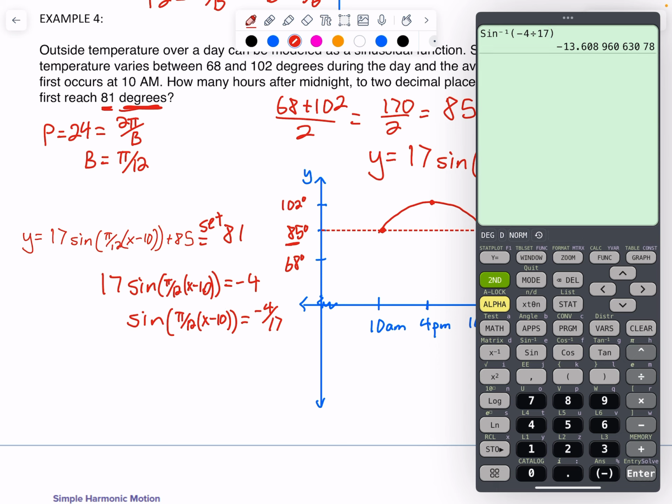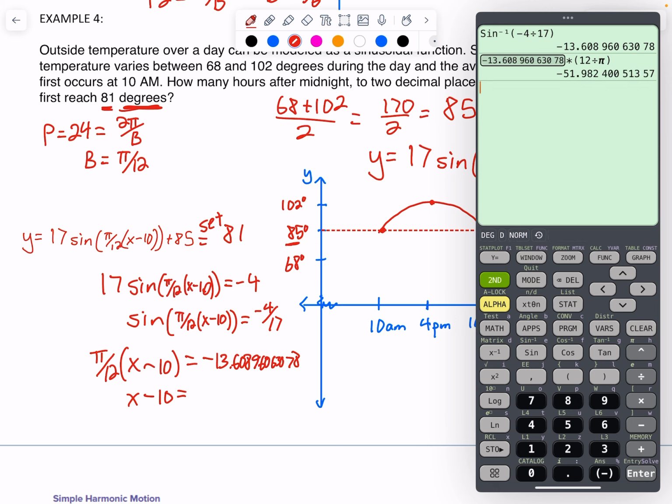All right, so that's going to be pi over 12 times x minus 10 equals negative 13.60896063078, and then x minus 10. I'm going to divide by pi over 12, or multiply by 12 over pi. Yes, I guess I could have done division too, it didn't matter. Negative 51.982400. Okay, it doesn't look like this is going to work out correctly.